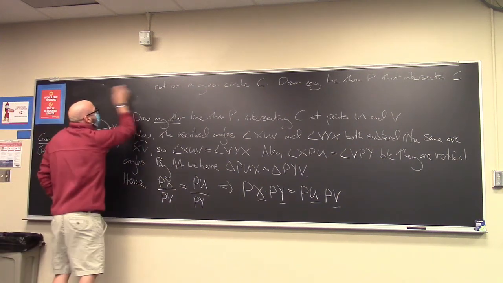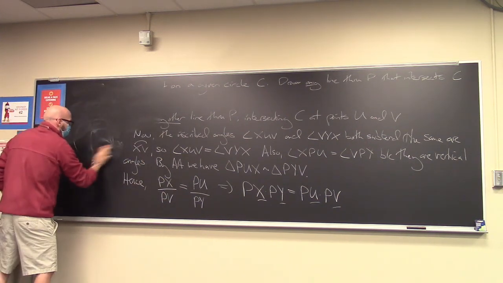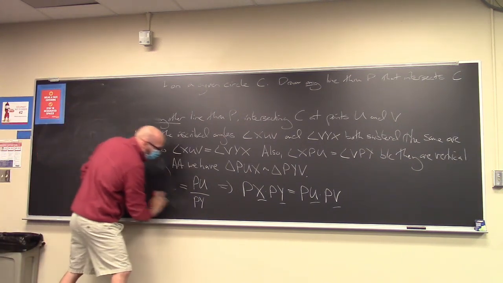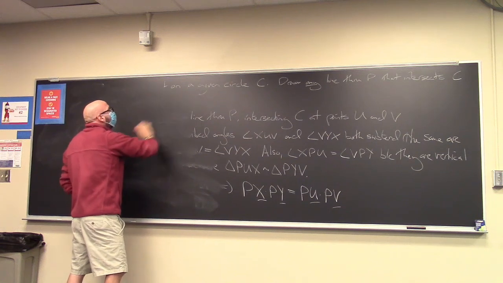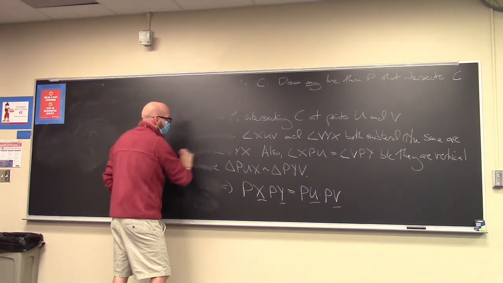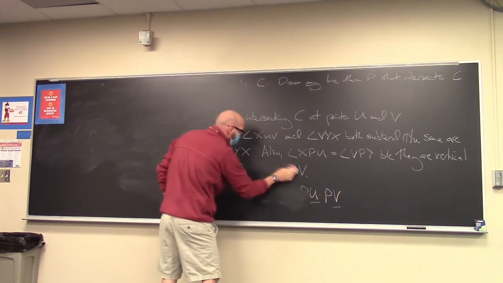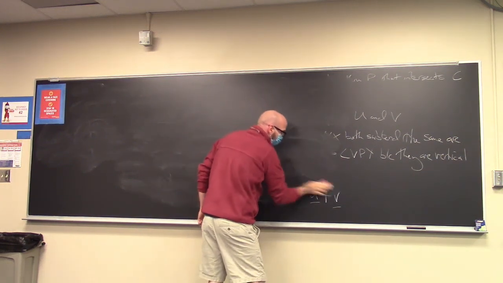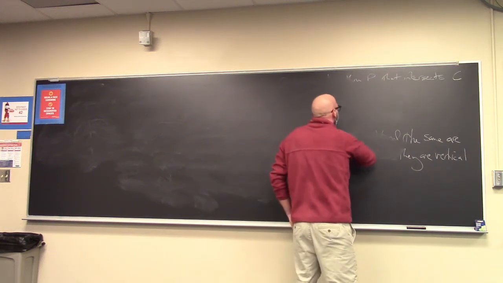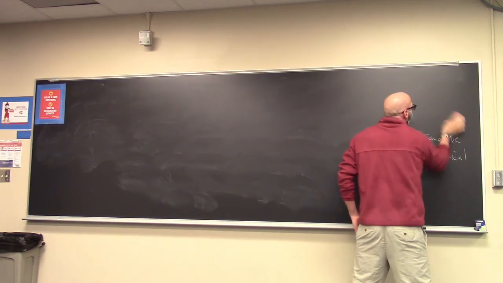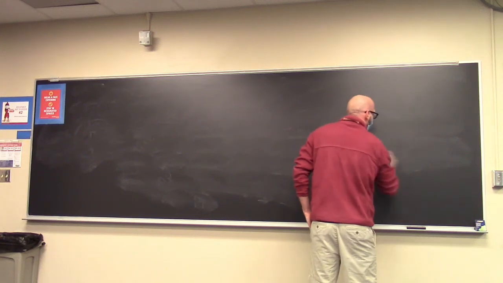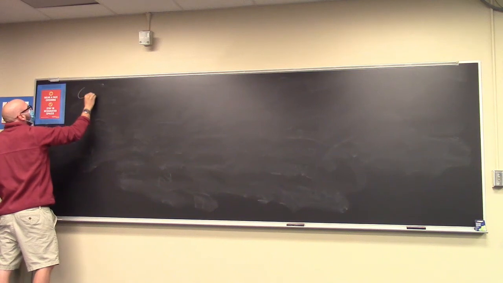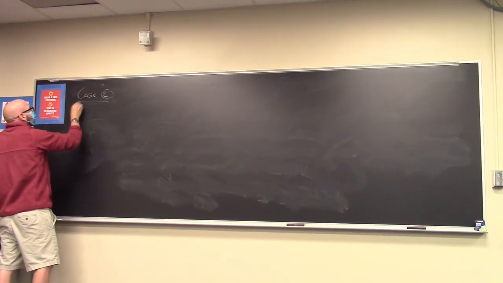But let's do case 2. And case 2 is basically the same thing. The observations are no harder. So I probably won't even write out all the details. So case 2, and this will be P outside.